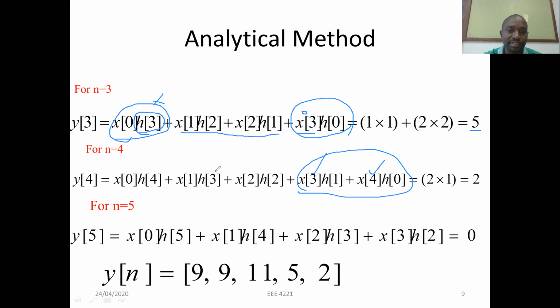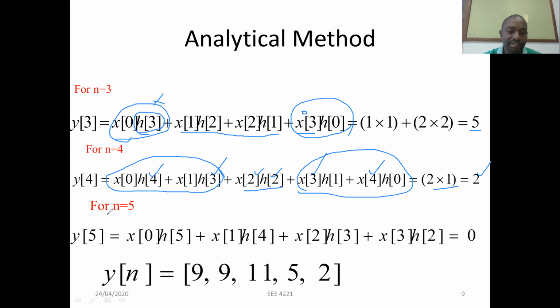And then you also notice that we don't have h of 3. The highest value for the h of n sequence is h of 2. We also don't have h of 4. So again, these two will not be part of the final solutions, but we have x of 2, it's a valid one, and h of 2 are valid. Therefore, when you multiply these two, which is basically 2 times 1 here, you get your 2.